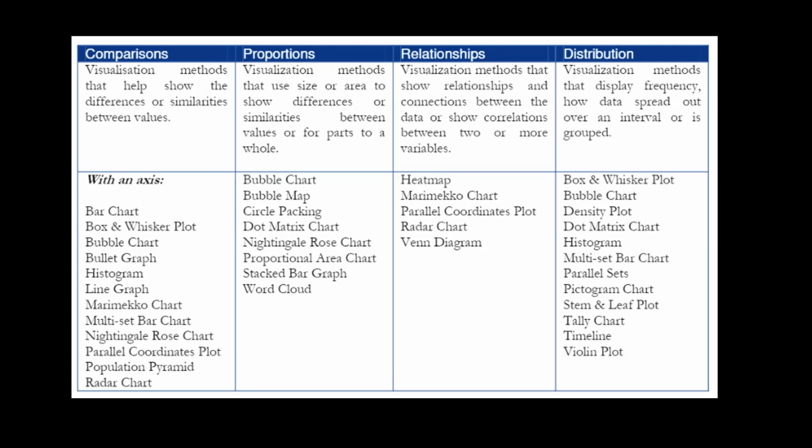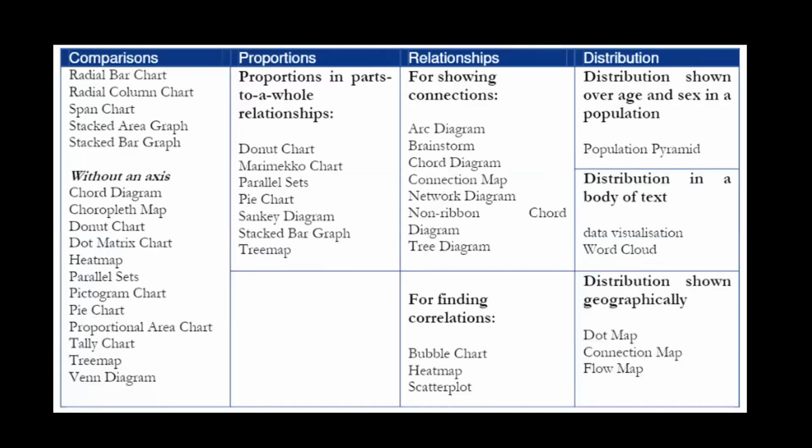That is what it will tell you. So heat map, Venn diagram, parallel coordinate plot, these are some graphs that we use to check the relationship. Then you have distribution, frequency, how much spread they are. So we have bubble chart, density plot, etc. Then you have more graphs here.